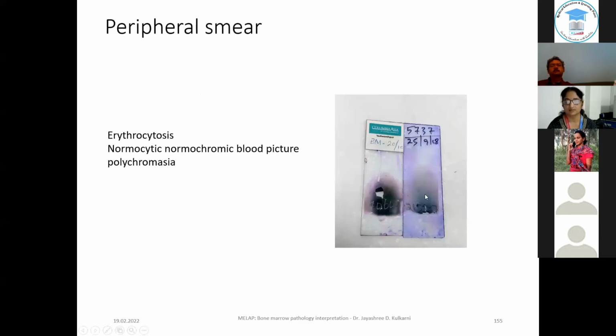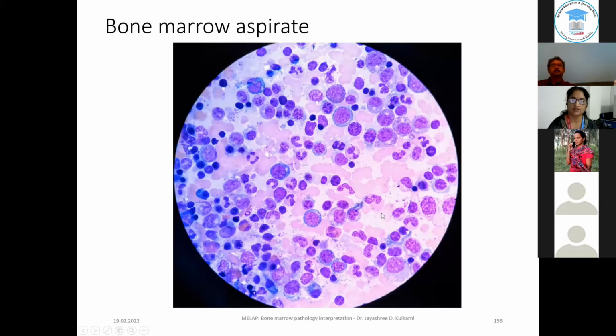So this smear itself, you can see this is a normal smear with, say, a hemoglobin of 12, 13, 14, whereas this is definitely a much thicker smear. On the smear, it showed a normocytic normochromic blood picture, but the bone marrow aspirate showed erythroid hyperplasia with a lot of pro-normoblasts.